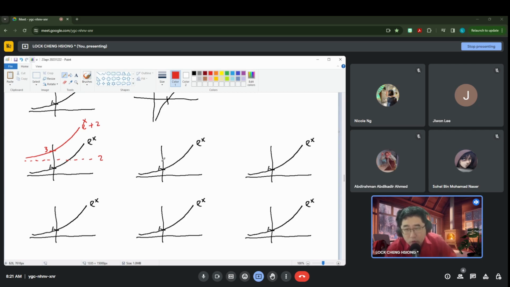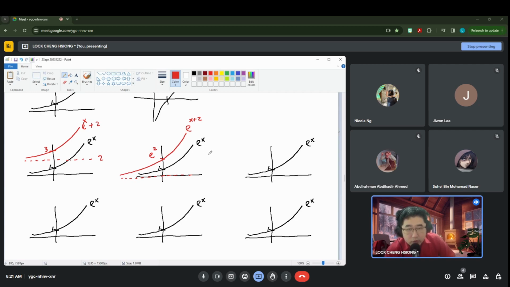If I have e to the power of x plus 2, with plus 2 as a power, it will look like this. Then this one becomes e^2, but the asymptote remains the same, because this tells us it is a left-right translation.